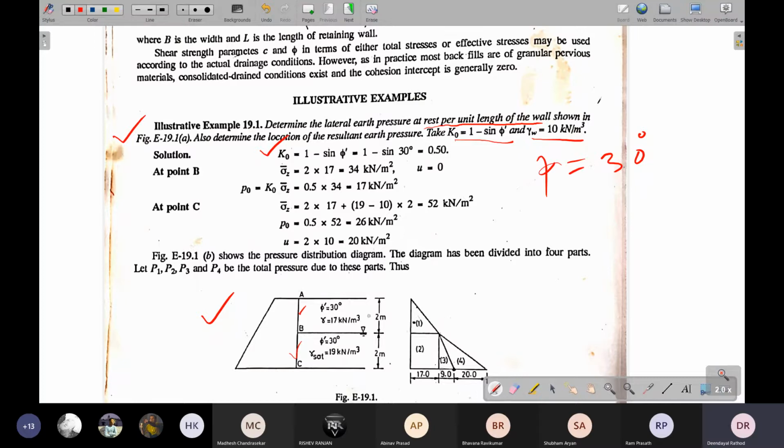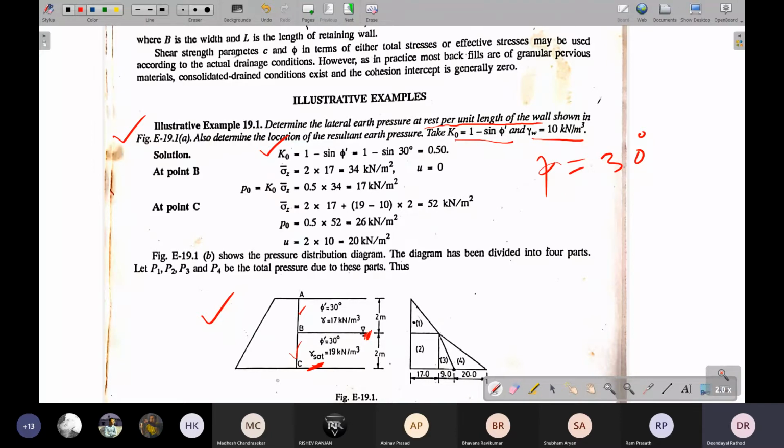Here the water table is given, that's why gamma saturation is given. Clear? That means a retaining wall is given, two layers of soil with phi and gamma values are given. Wherever the water table is there, gamma sat is given, and it is asked to find the pressure at rest conditions.